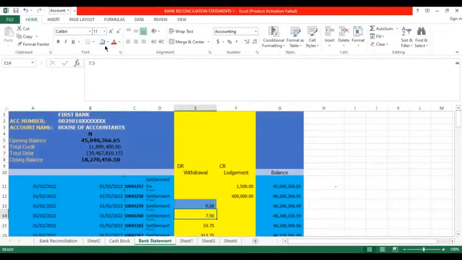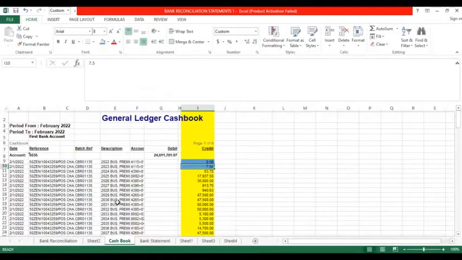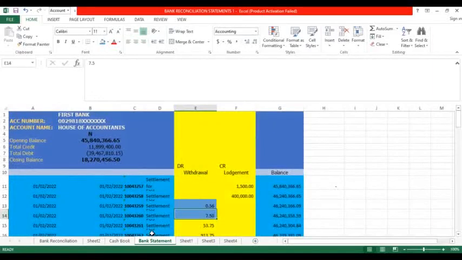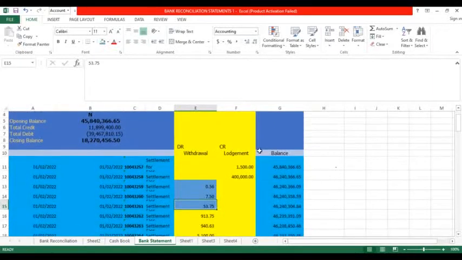I can see this, I can see this as well. So every figure you can see in cash book, you tick it against what you can see in bank statement. And from there, you will be able to see the differences at the end.